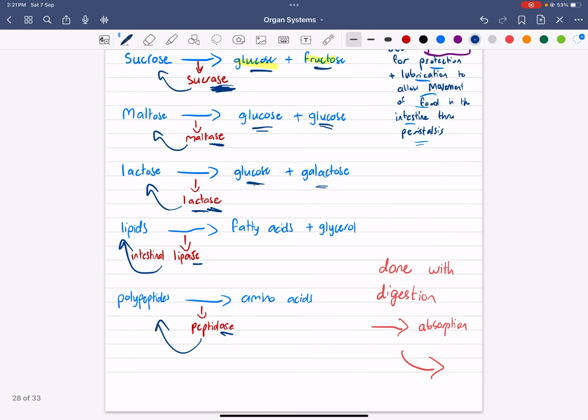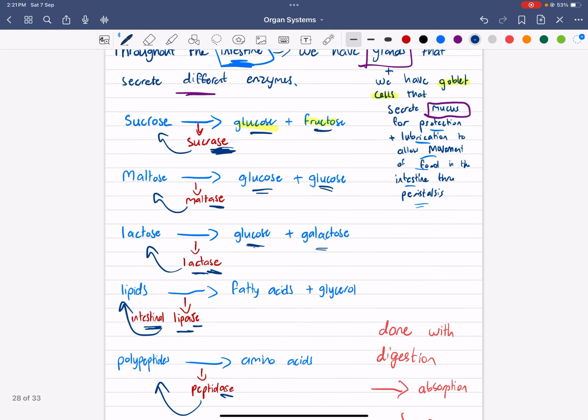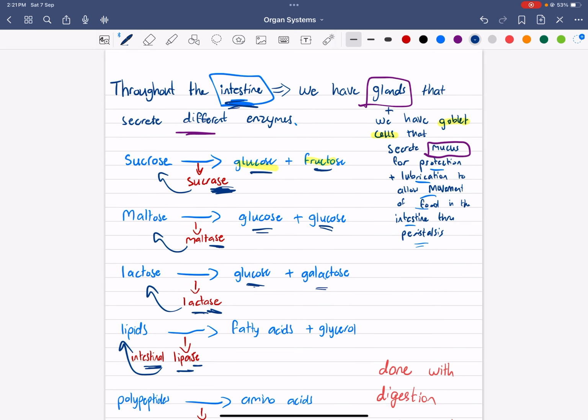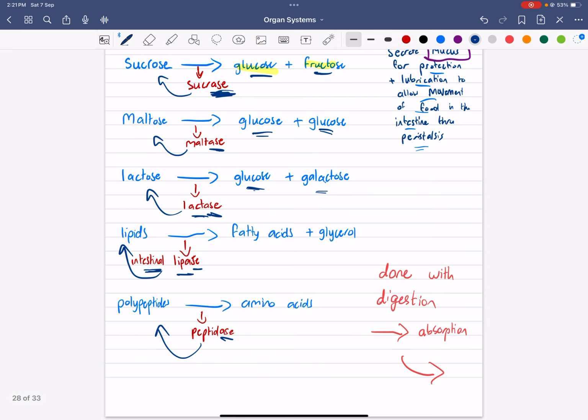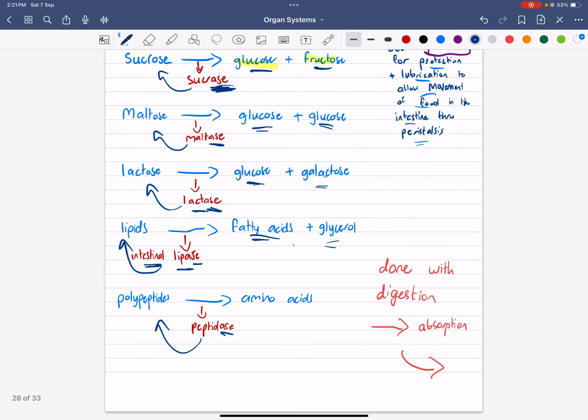And we have 2 more. Lipids. What's the enzyme going to be? Now look, it's going to be intestinal lipase. Why? Because it's released by the intestine. That's it. So lipids are broken down into fatty acids and glycerol. And finally, we have polypeptides. Remember, polypeptides came from the stomach because we had pepsin to break down protein into polypeptides. And they also came from the intestine, but from what enzyme?